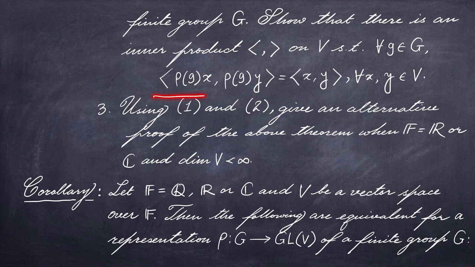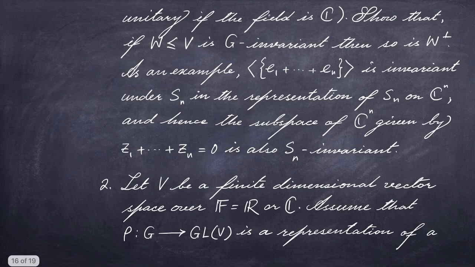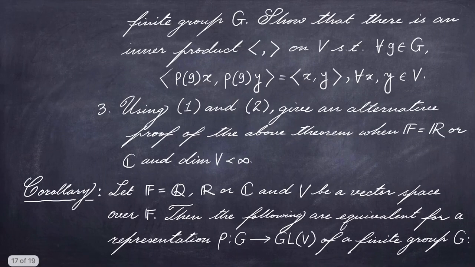That will be given by the second exercise. Once that is there, you consider the orthogonal complement of the given subspace W. And the first exercise guarantees that it's G invariant and the decomposition is obvious.